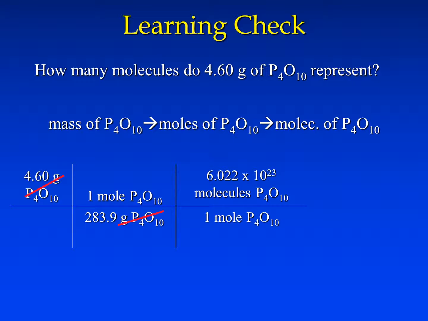I have to relate 1 mole of the compound to Avogadro's number worth of molecules. As you can see now, the moles cancel out, and what am I left with? The desired units, the molecules of tetraphosphorus decoxide. Now I do the math, and that's easy. Here's the answer: 9.76 times 10 to the 21st molecules of tetraphosphorus decoxide.